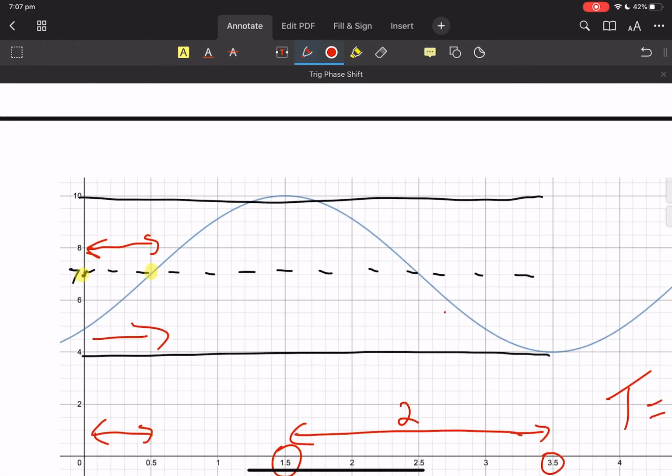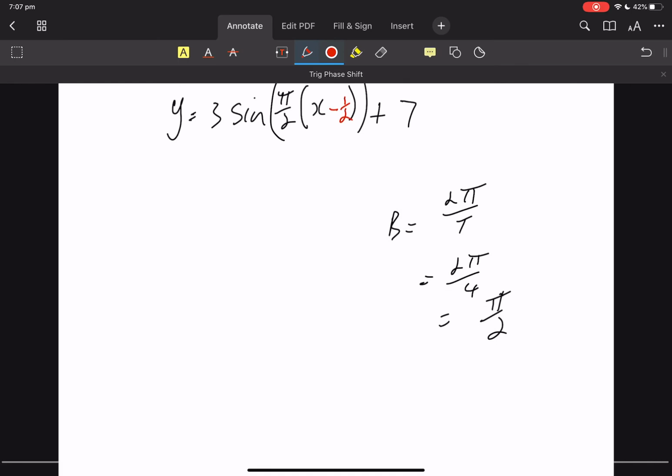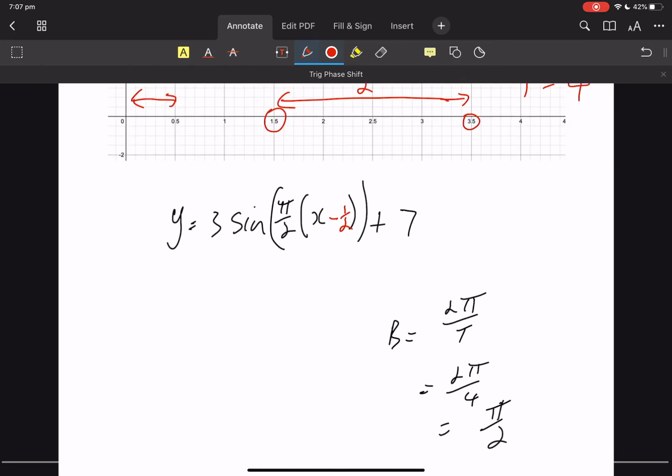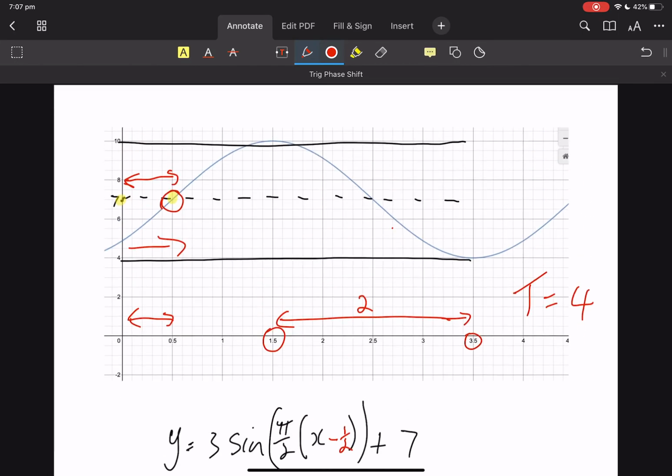Now, if for some reason you can't see that, if it's not clear on the diagram, you can find C another way. We're going to find C by subbing in a point.